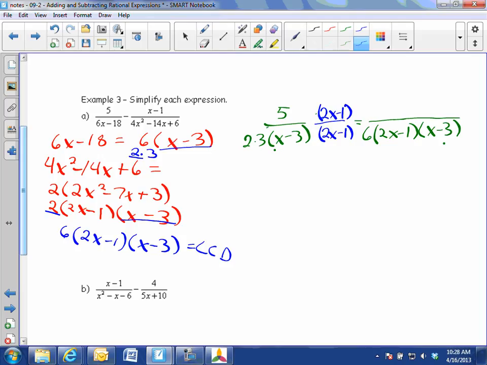Alright, is anybody confused on what we just did? Does this make sense? Alright, so then we just multiply through, so it's 5 times 2x minus 1. That's our first fraction. Now let's do our second fraction. Again, instead of going back to the 4x squared minus 14x and so on, I would take the factored form, because it makes it easier to see what's missing.